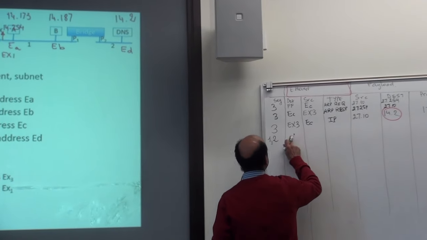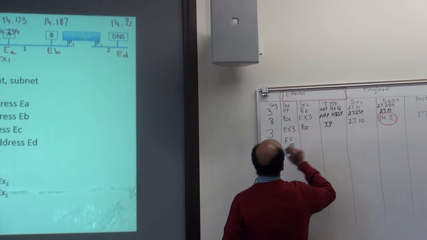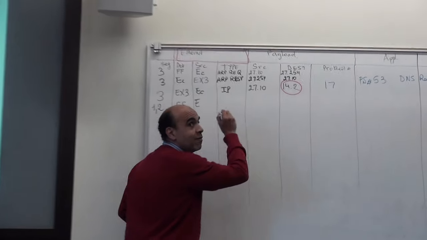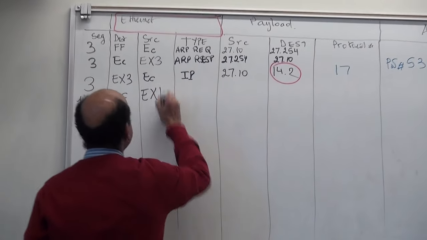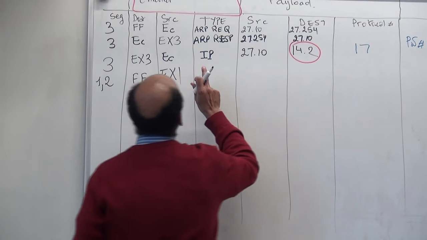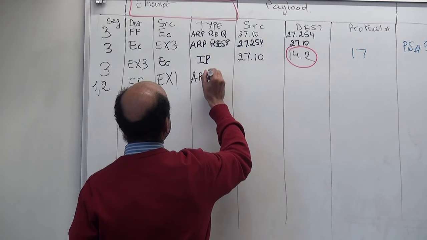What is the destination? FF. What is the source? EX1. Yes, that we are sending on that, right? What is the type? It's an ARP request.